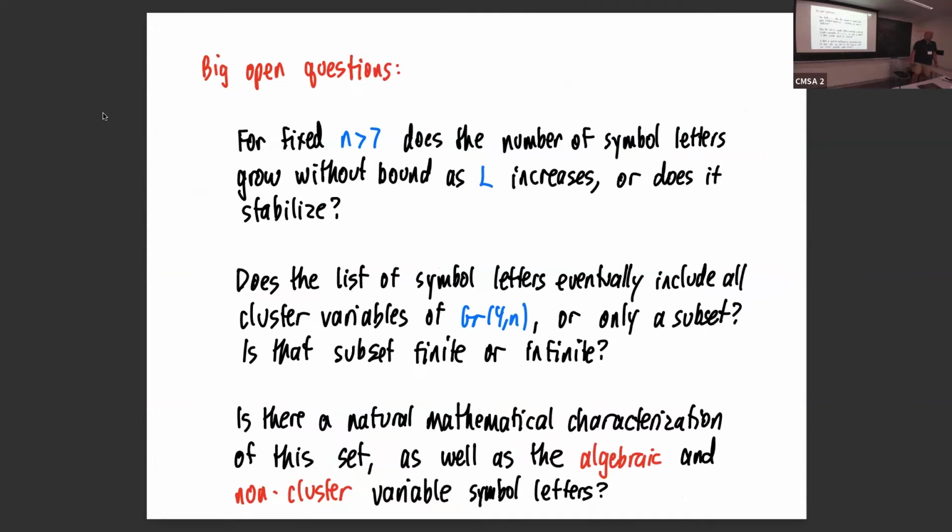And the most important question, the reason why we're bringing this to your attention, to the community of mathematicians, is that it's really interesting to know whether there's a natural mathematical characterization of this set. The set of cluster variables that we see, as well as the set of algebraic and non-cluster variable symbol letters we see.